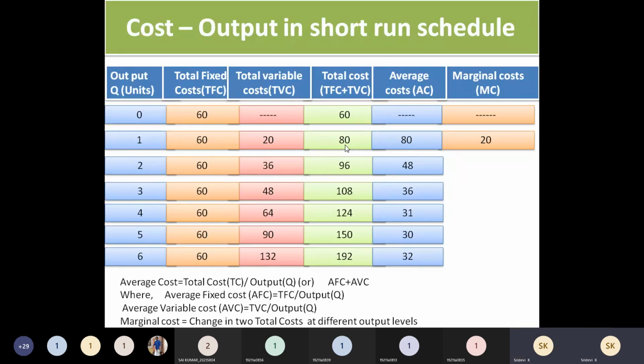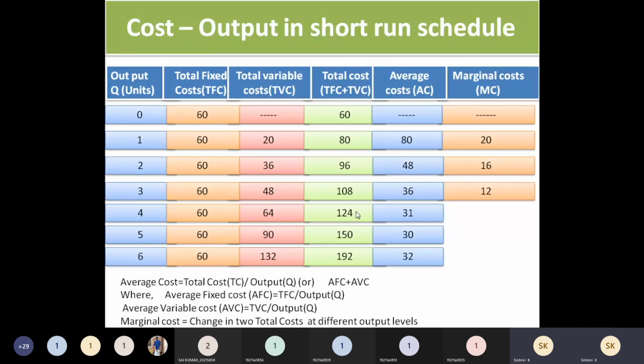We are having 60 rupees of total cost at 0 output, no? So 80 minus 60 will give you how much? 20. 20 will be the marginal cost. In the same manner, you calculate for the next one. 96 minus 80 is 16. 108 minus 96, 12.